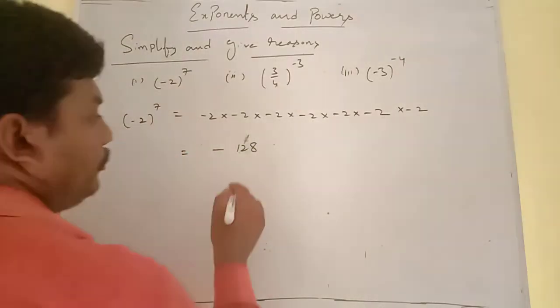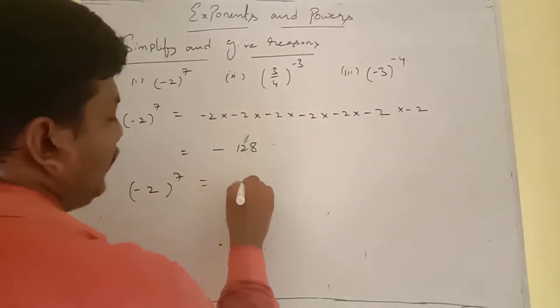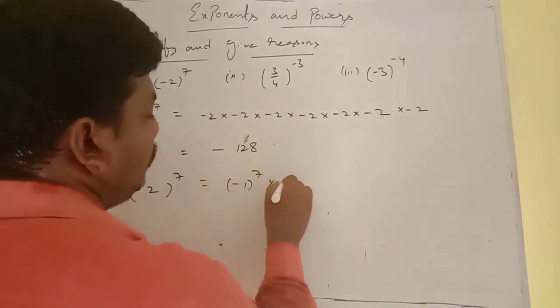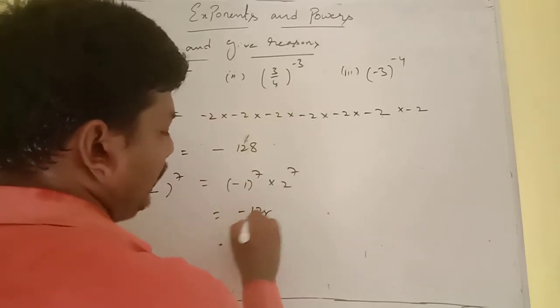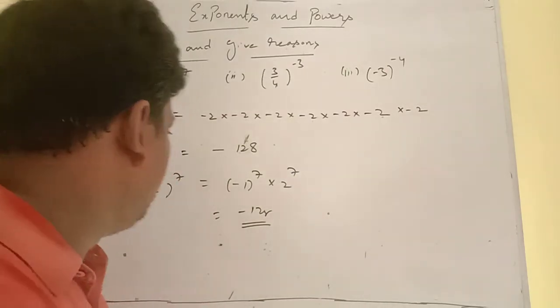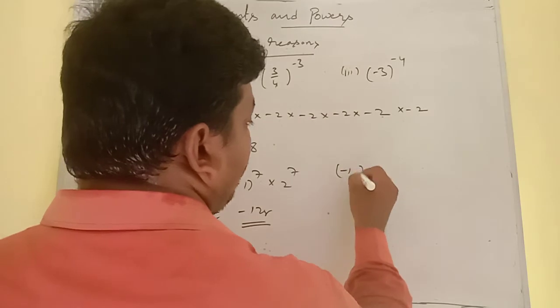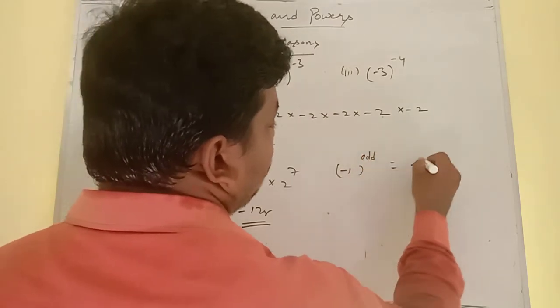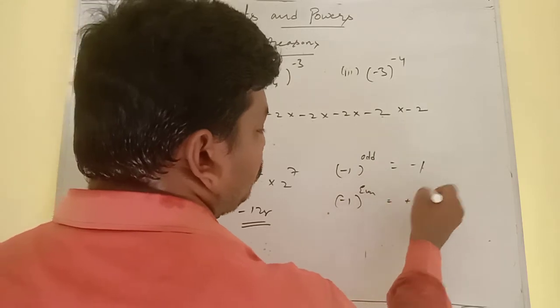Another form: minus 2 power 7 can be written as minus 1 power 7 into 2 power 7. Minus 1 power 7 becomes minus, and this is 128. We have to remember one formula here: minus 1 power an odd exponent becomes minus 1, and minus 1 power an even exponent becomes plus 1. This is also a very important formula. If we repeat the minus 1 an odd number of times, it becomes minus 1. If we repeat it an even number of times, it becomes plus 1.